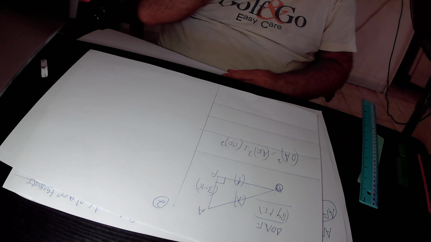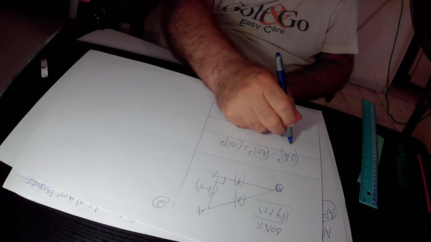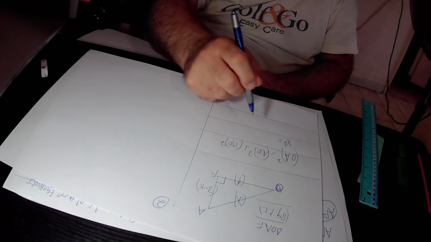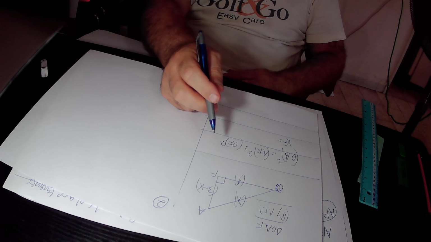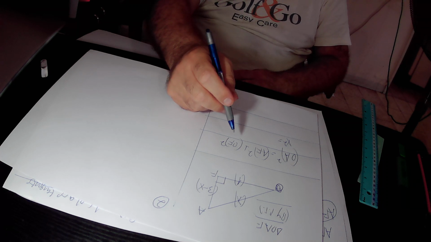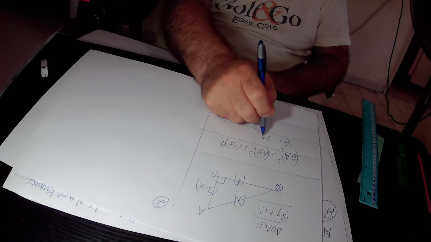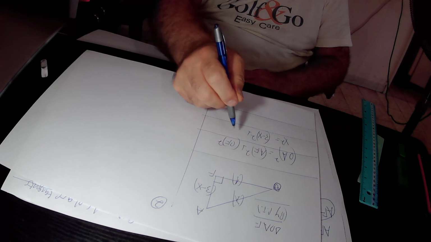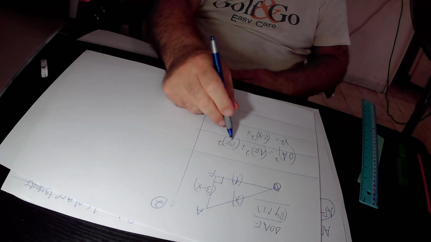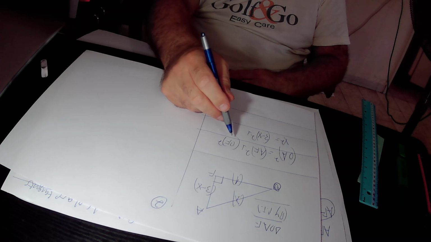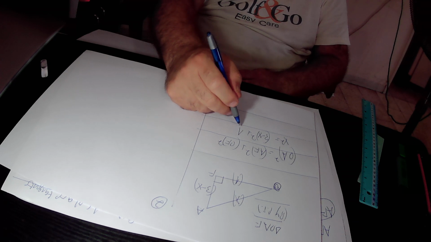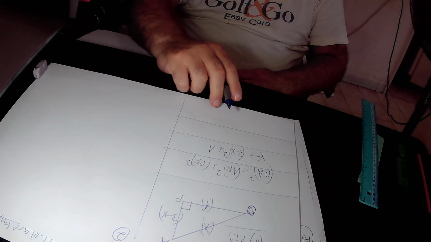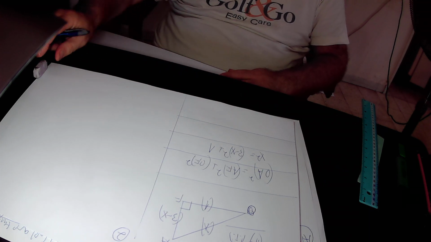OA equals x, therefore OA squared equals x squared, and it equals AF squared. AF is 3 minus x, therefore AF squared is (3 minus x) squared. Plus OF squared. OF is 1, therefore OF squared is 1 squared, that is 1. So in total, we shall find out that x squared equals (3 minus x) squared plus 1.